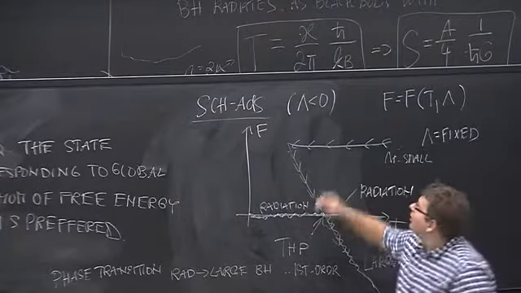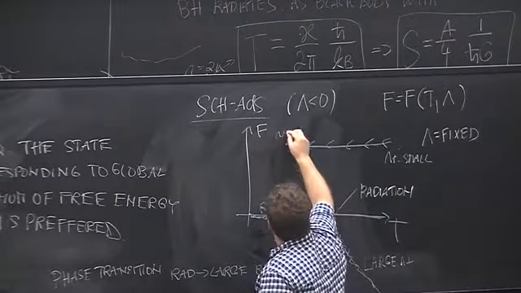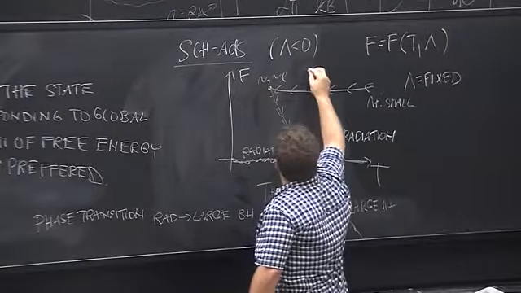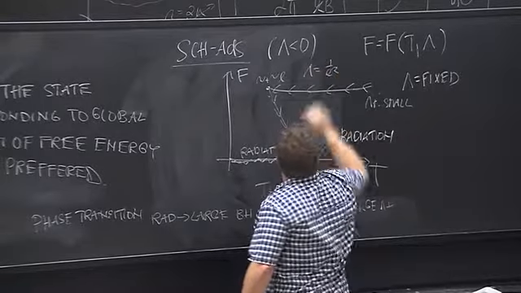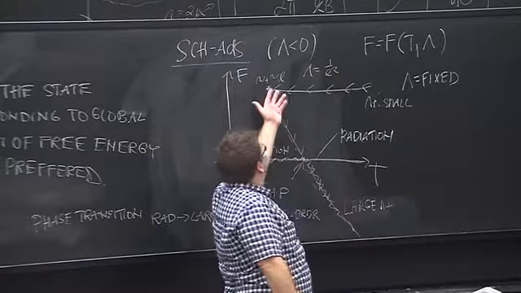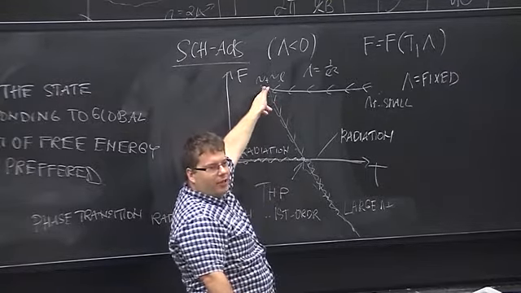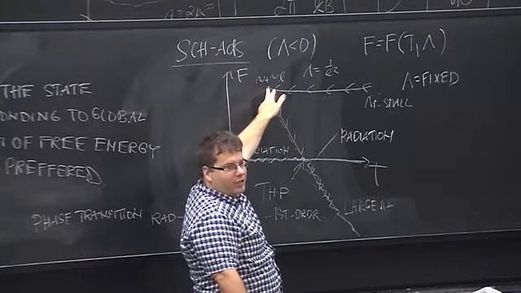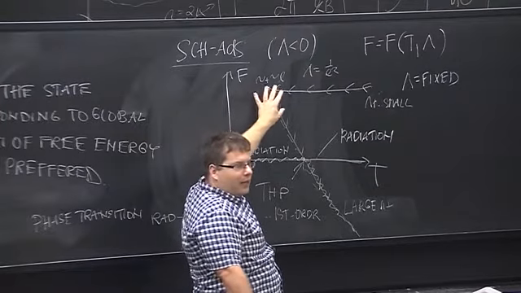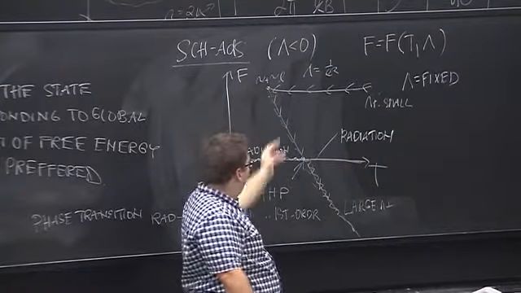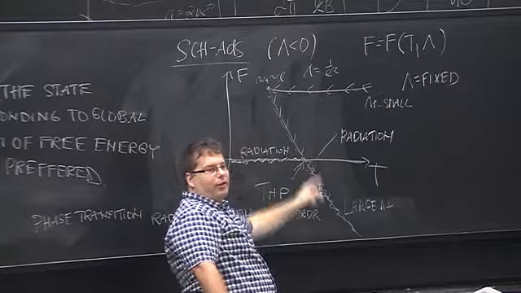And so this happens precisely when R plus is something like L, where lambda is 1 over L squared or something like that. But this is an interesting point. It can show that, for example, the specific heat of black holes here diverges and stuff like that. So it's a cusp. It's an interesting point as well, but it's not as interesting as this one here.